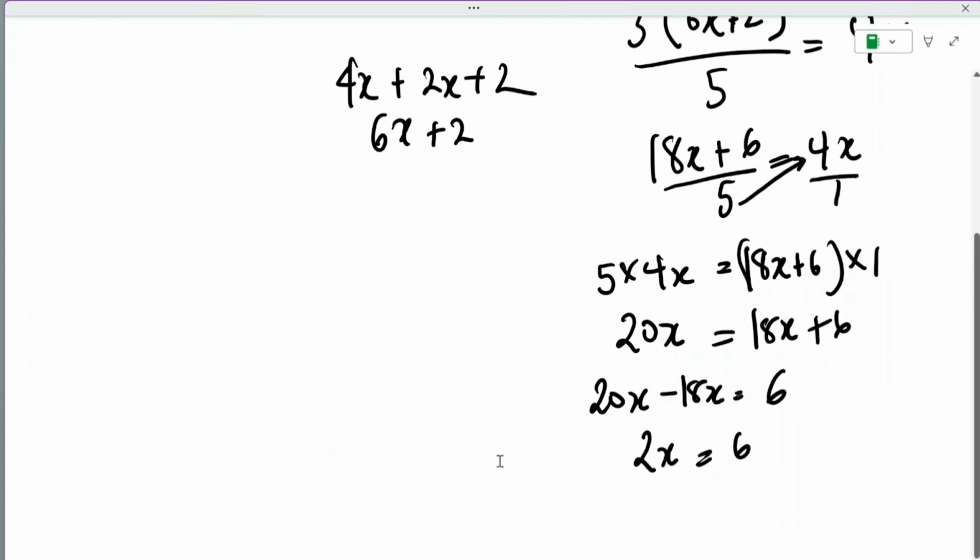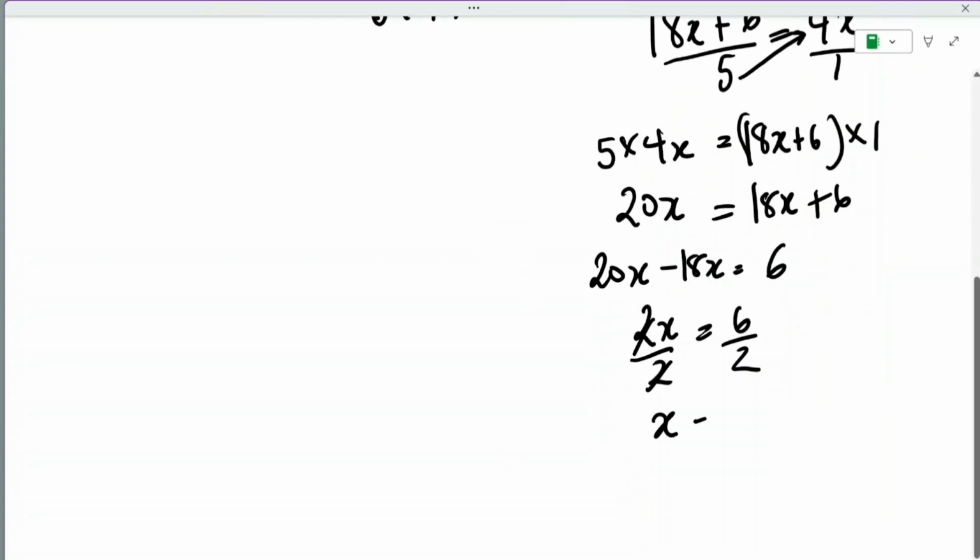We're looking for x, so we divide both sides by 2. 2 cancels 2. x equals 6 divided by 2 will give you 3. So x is 3. And this doesn't represent the number of sweets. It's just going to help us get the number of sweets Mark got.